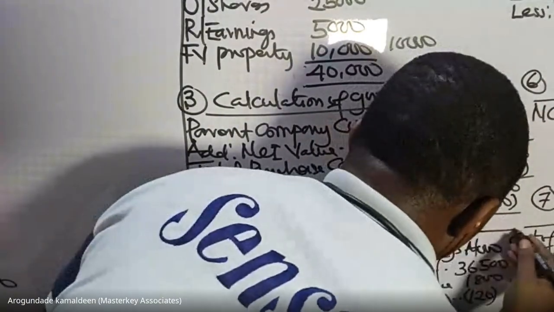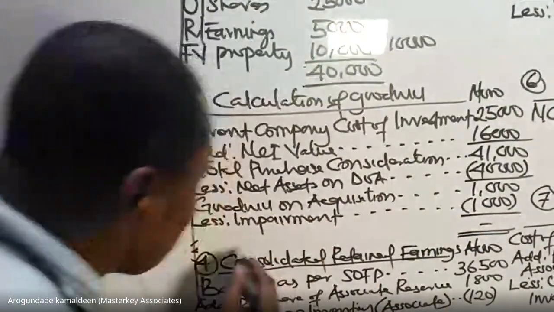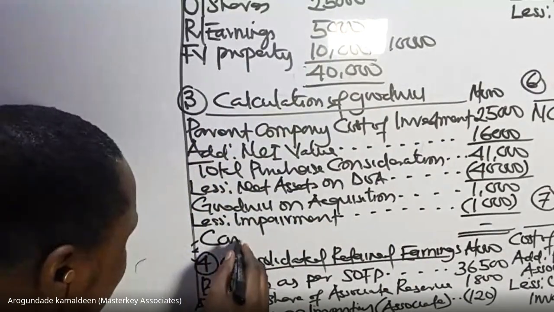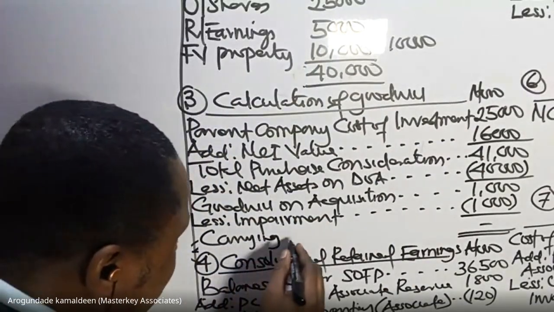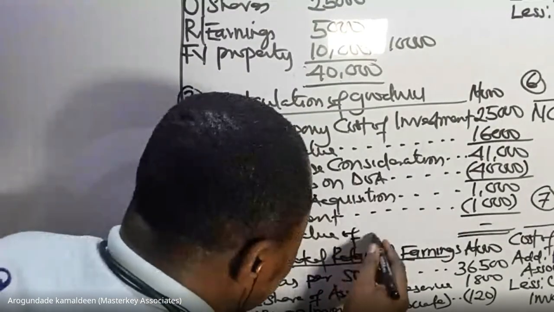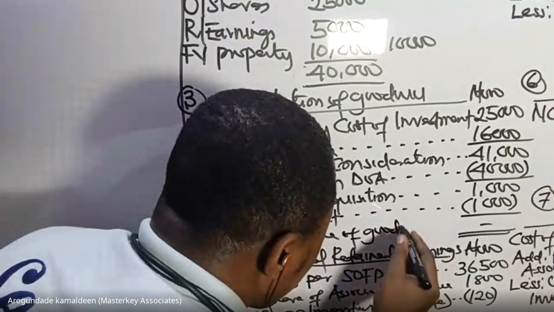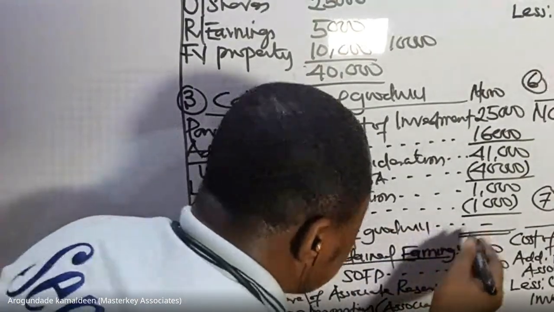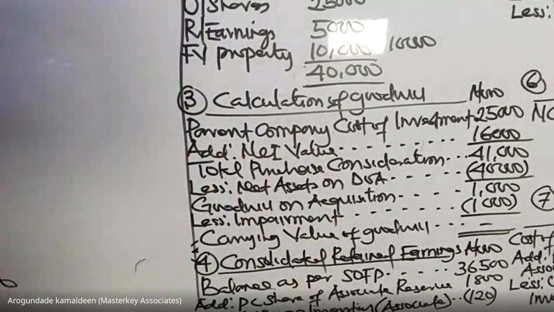So there is no more goodwill. The carrying value of the goodwill is nil. Now, what method is used to measure the NCI?